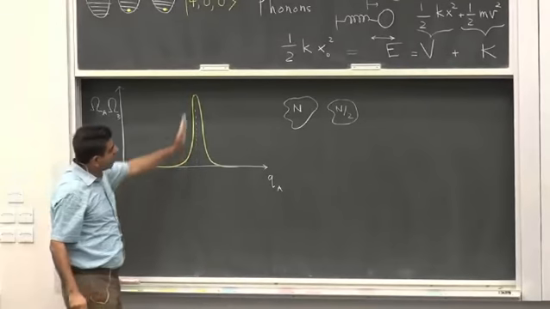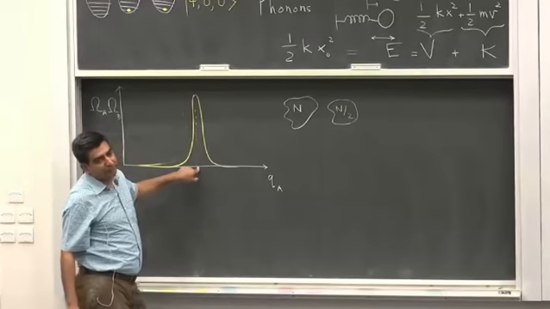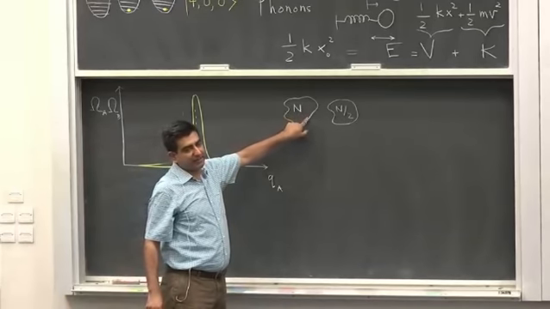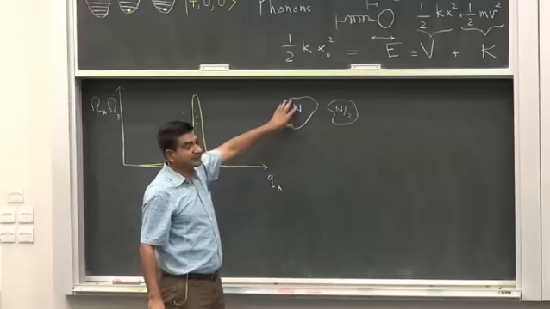So I will get a sharp peak at a particular value of QA. And that tells us the equitable distribution of energy between A and B.